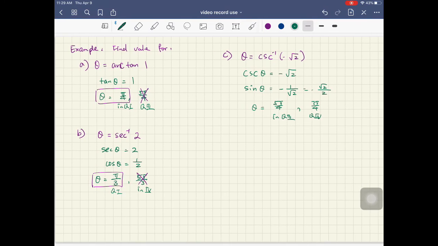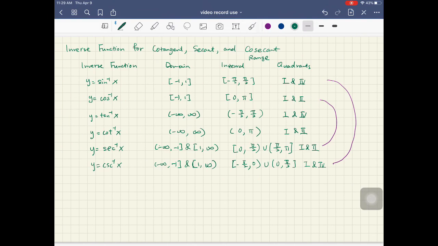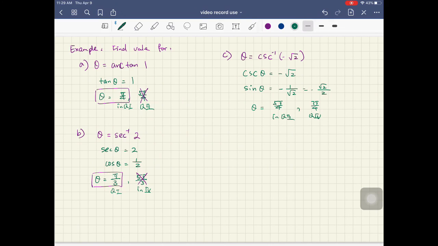However, the range for the cosecant inverse is between negative pi over 2 and pi over 2. So both are not satisfied. So I have to think about other options. I cannot go higher, I have to go lower to the negative side.